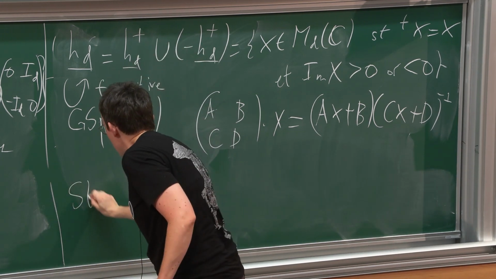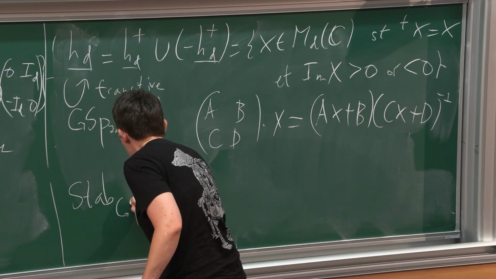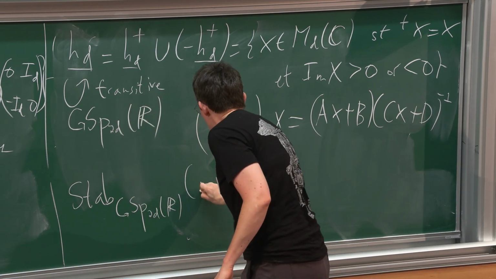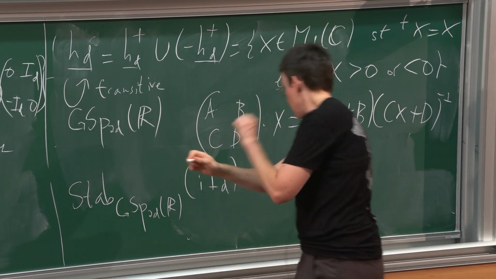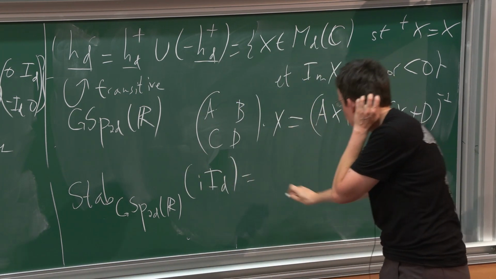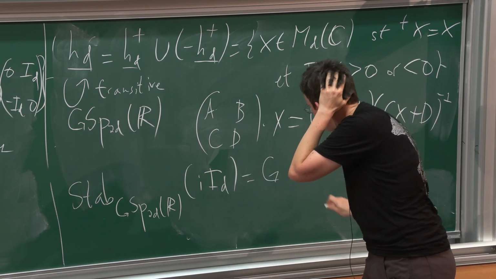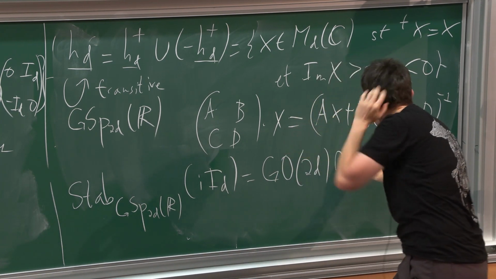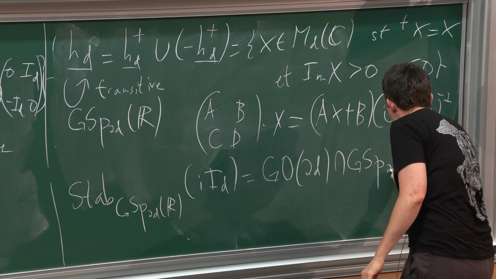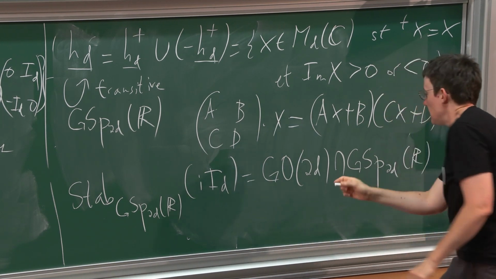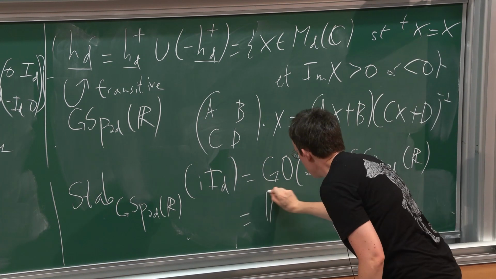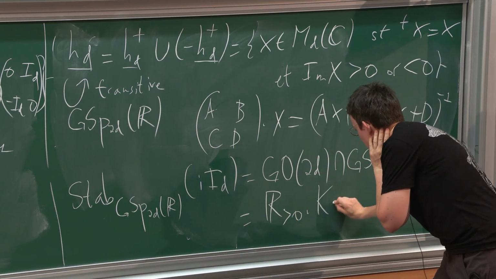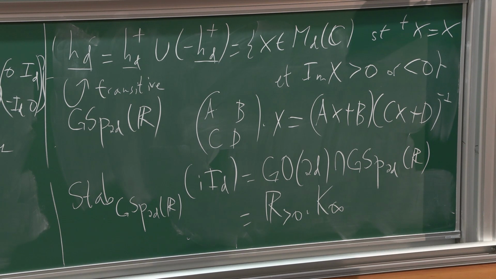And the stabilizer in GSp2D of R of the base point we used is the general orthogonal group intersected with GSp2D of R. And it's actually just scalar matrices times the stabilizer we had in Sp2D.